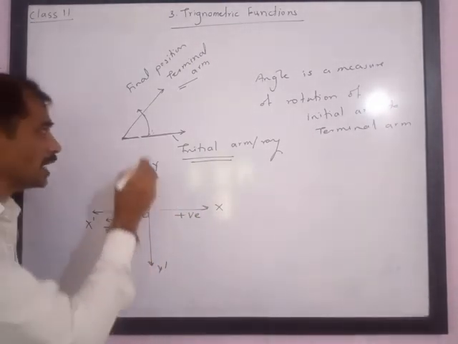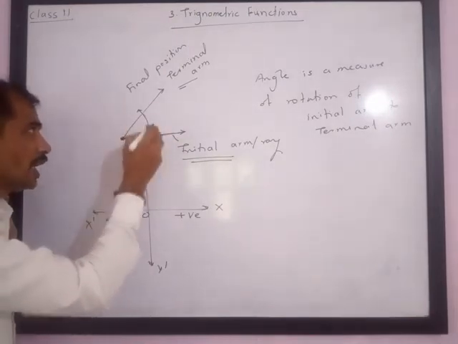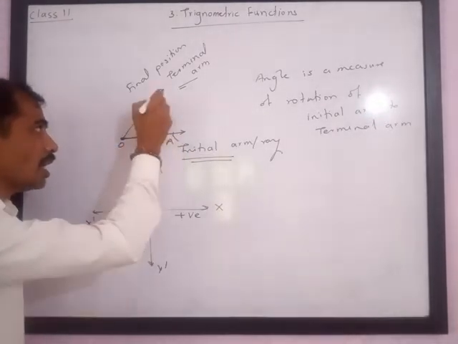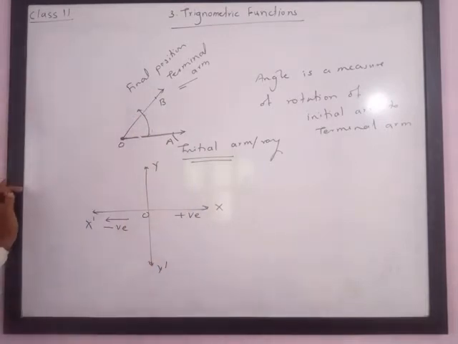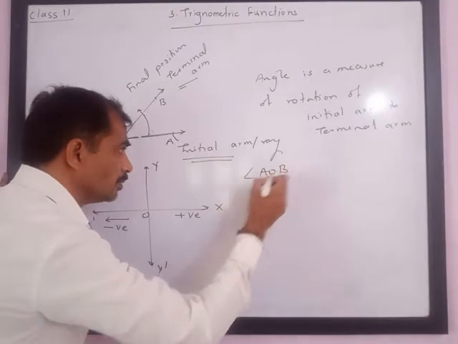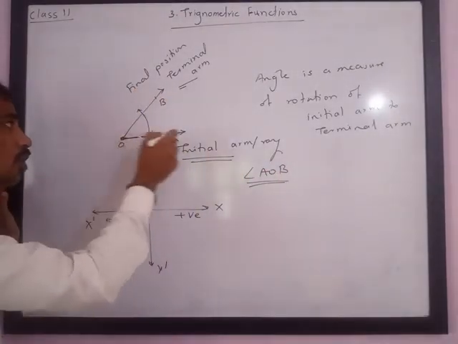The point about which the arm is rotating is called the vertex. So here, if OA is the initial arm and OB is the final position of the arm, then this angle is called angle AOB. Please note, this is not equal to angle BOA.